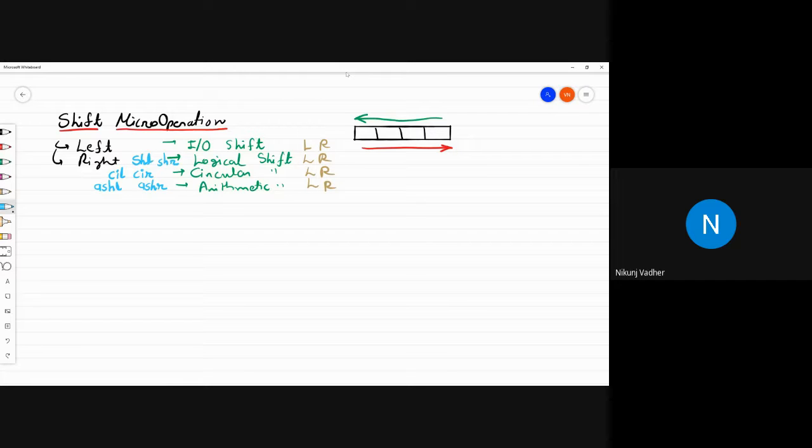Now let's try to understand the logical shift. What will happen in logical shift? So let me draw the register.